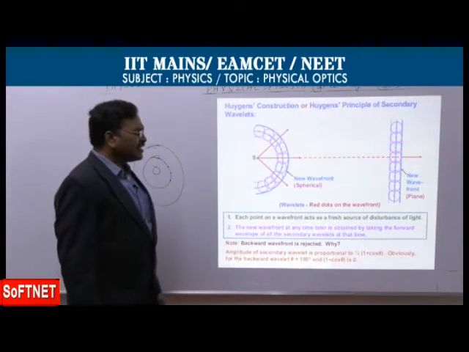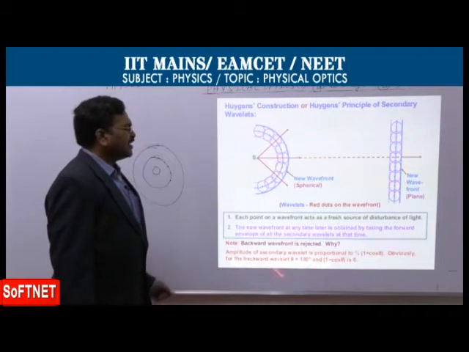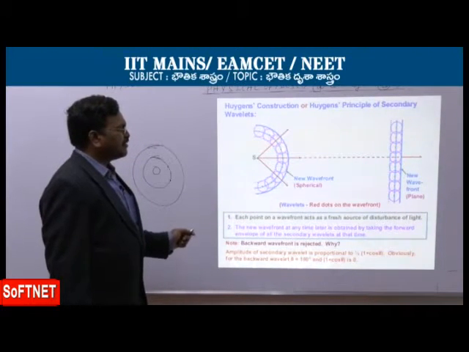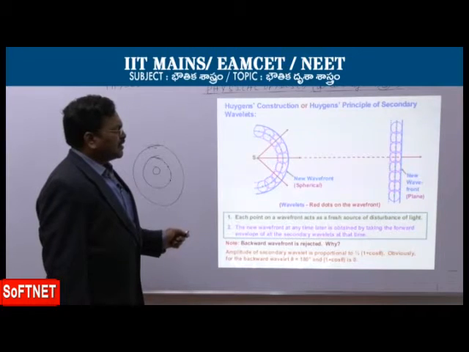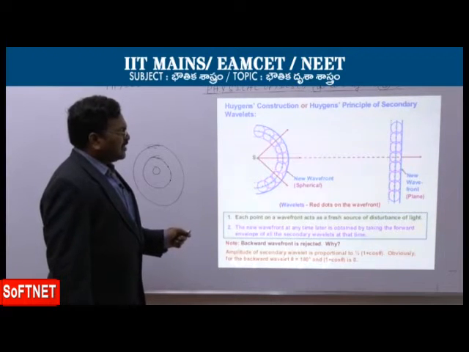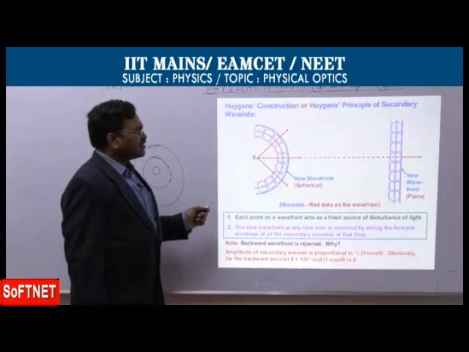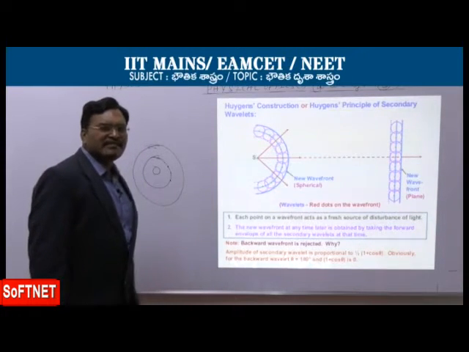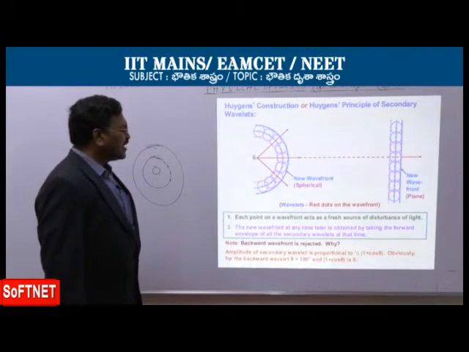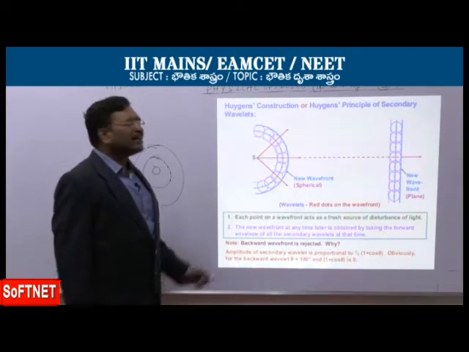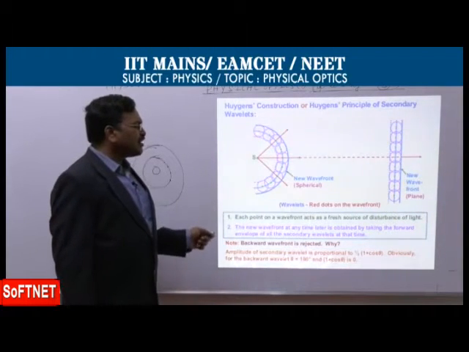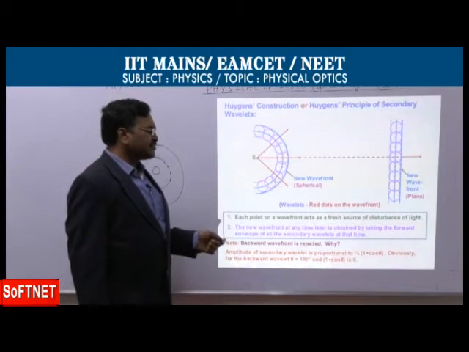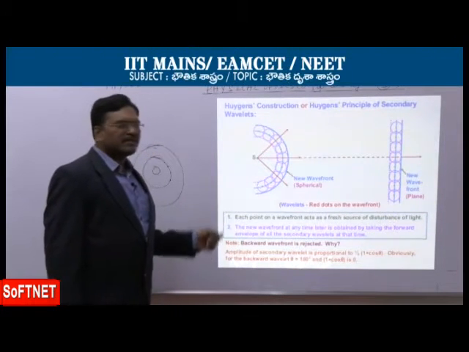According to the scientist Huygens, if you take a point source of light, we are getting a spherical wavefront. This wavefront, as I already told, is the locus of all points which are in the same phase. Now according to Huygens, every point on the wavefront acts as a source of secondary wavelets, as a fresh source of disturbance of light.